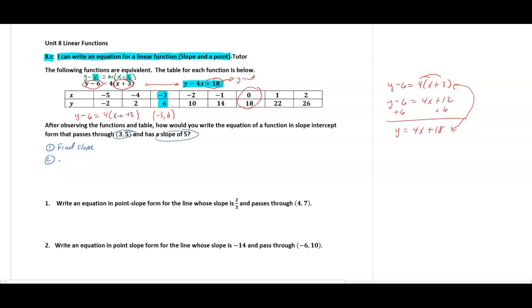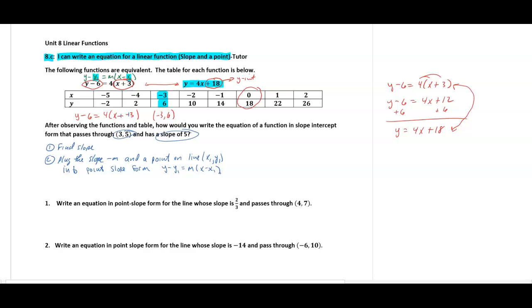But the second step now is going to be to plug the slope m and a point on the line, which we are going to call x1, y1, into point slope form. And that is y minus y1 equals m times x minus x1.